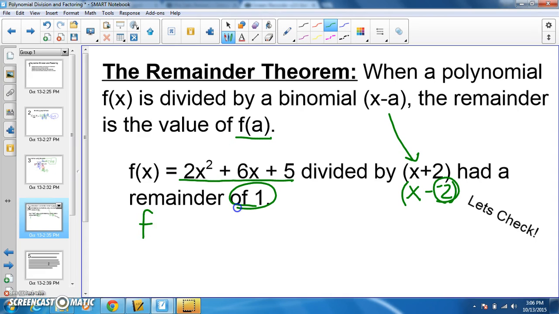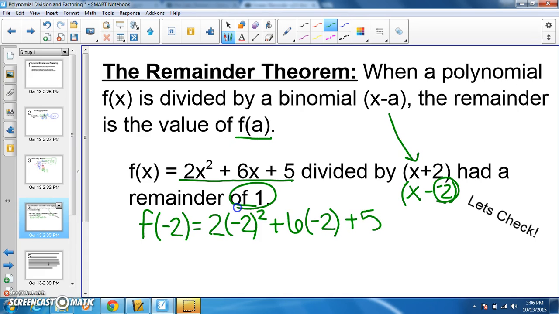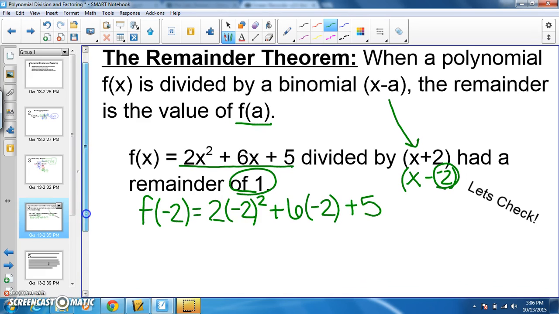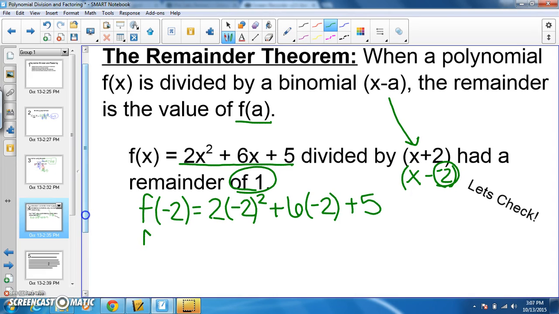That means we have to plug in negative 2 into our polynomial. So f of negative 2 is equal to 2 times negative 2 squared plus 6 times negative 2 plus 5. So f of negative 2 is equal to negative 2 squared is 4, times 2 is 8, minus 6 times negative 2 is 12, plus 5.